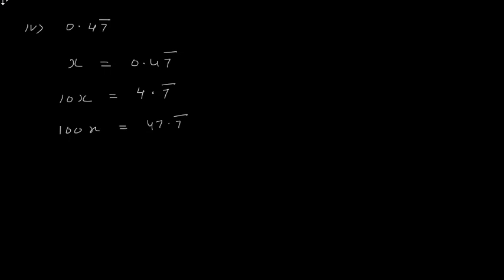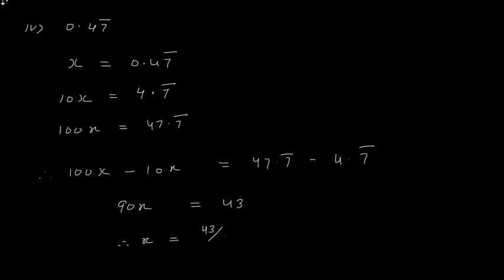So therefore we can say that this 100x minus 10x is equals to 47.7 bar minus 4.7 bar. 100x minus 10x is 90x, and here 47 minus 4 is 43. So therefore the value of x is 43 upon 90. X is equals to 43 upon 90.